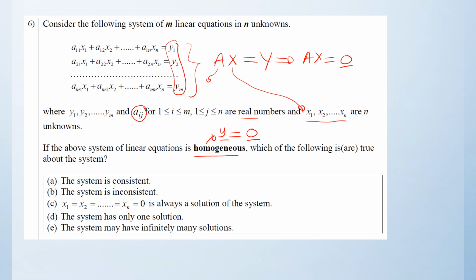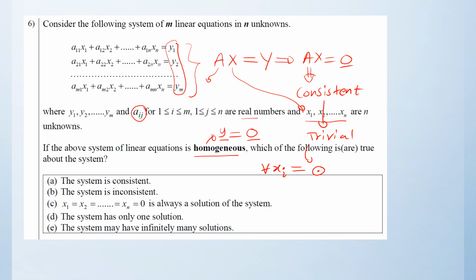So when we have a homogeneous system, we know that it is always a consistent system. And also we know that there will be an answer which is the trivial solution. Trivial means the solution where all the variables, all xi unknowns equal to 0, will be a solution.